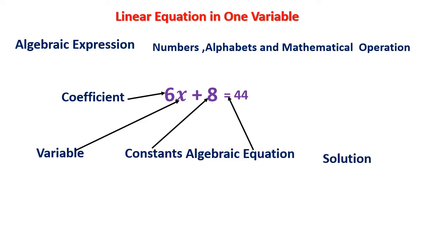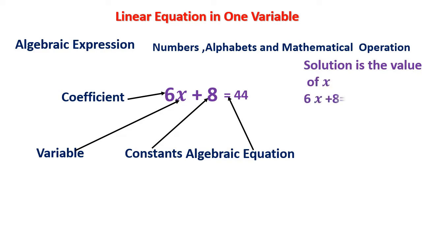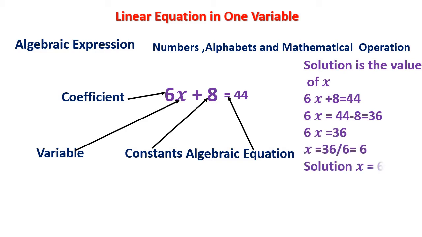Now there is another term connected with linear equation, algebraic expression and algebraic equation: the solution to the algebraic equation, which is the value of x in this case. So we find out x by different methods. We learned different arithmetic ideas by which we can find out the solution. Here it is done quickly for you. We know the value of x in this case is 6.